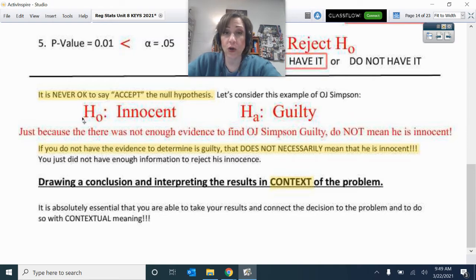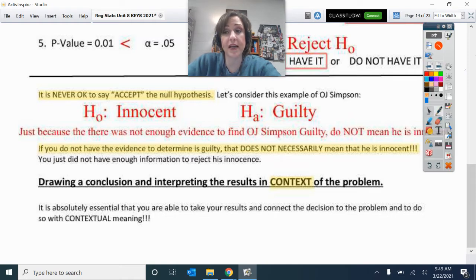And so the null hypothesis, of course, is you're innocent until we have enough evidence to say you are guilty. Okay? So let's think about this. If we do not have enough evidence to say he is guilty, does that mean that he is innocent?